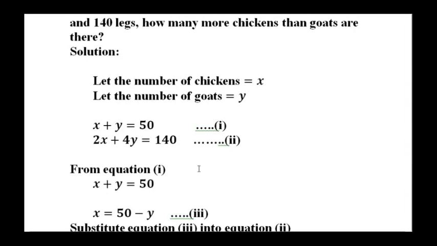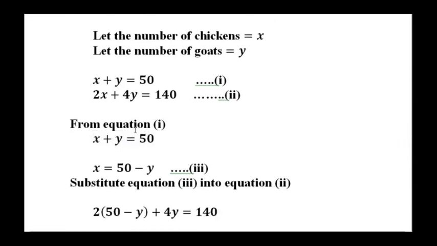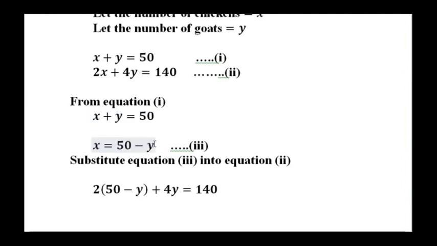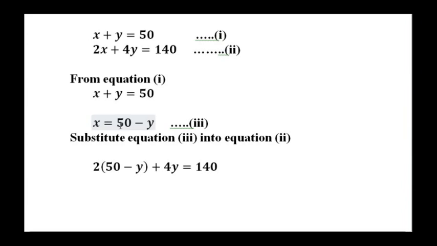So we can solve this system by the elimination method or by the substitution method. I am solving this system by the substitution method. From equation 1, which is x + y = 50, solving for x, we get x = 50 - y.